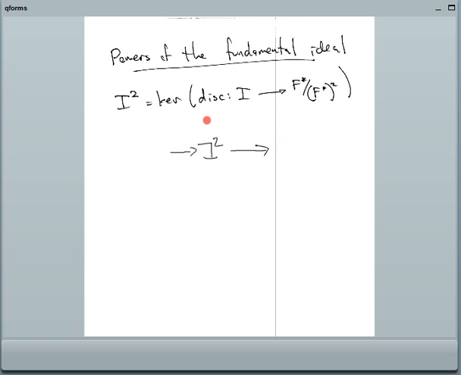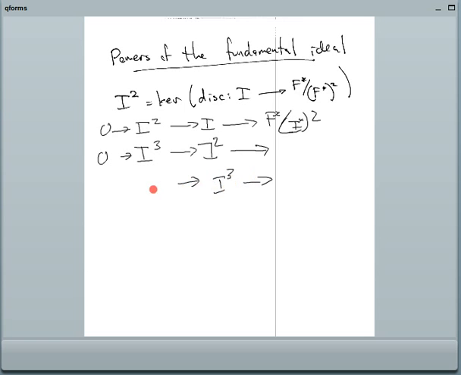In the last example, I got mapped to f star mod f star squared, and the kernel was I squared. And now we have I squared mapping to somewhere, and it turns out that we're going to look for a kernel of I cubed. And you might just try to continue this game and see where you can go.